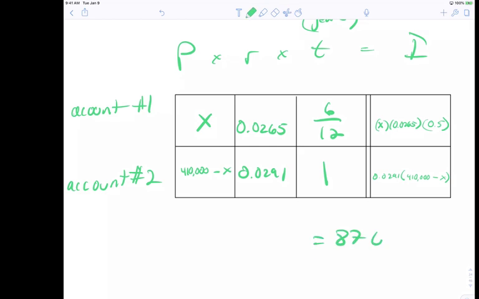I'm going to copy and paste this one and this one. So if we say the first one plus the second one, it should give us that.